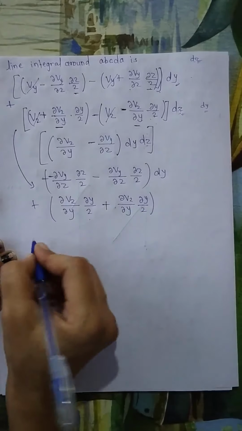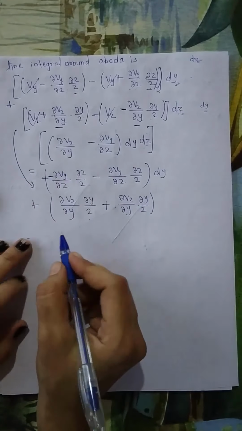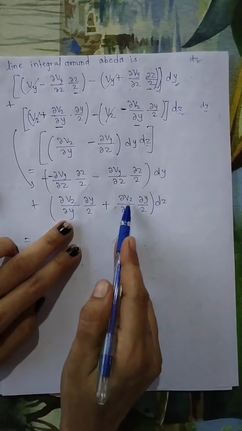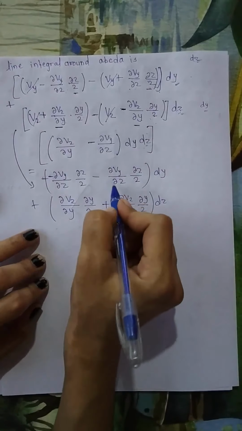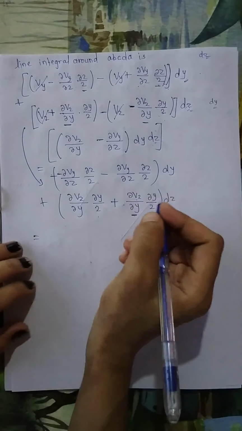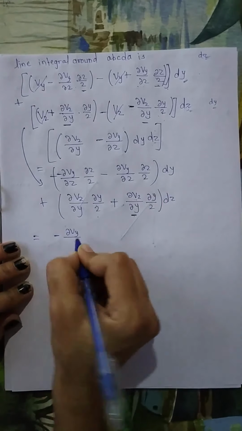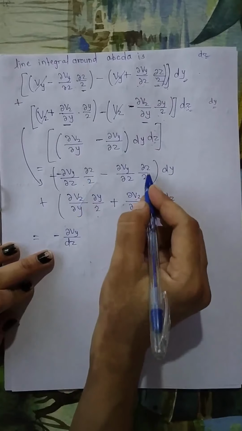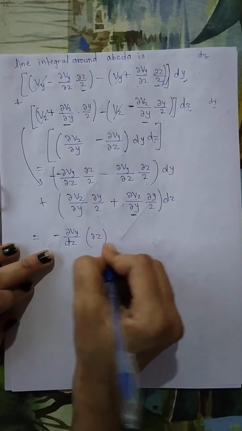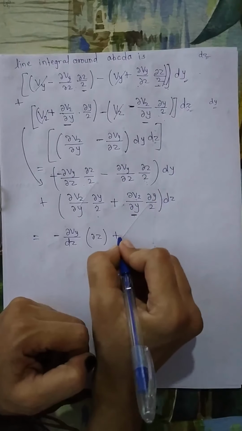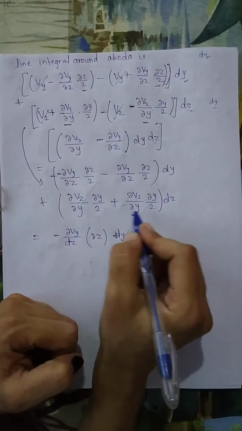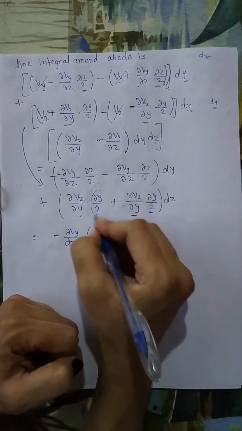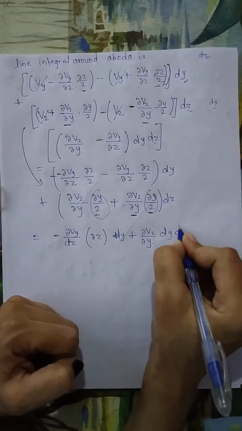And again, here dz is outside. So here if we take dou Vz by dou y common, and here we will take minus dou Vy by dou z common, and this addition is dou z, because dou z by 2 plus dou z by 2 gives dou z, plus this dy as it is, plus here again we will take dou Vz upon dou y common, and the addition of these two is dy into dz.